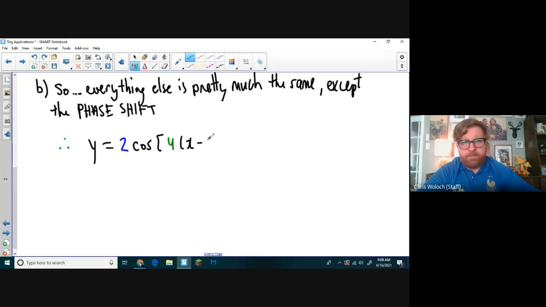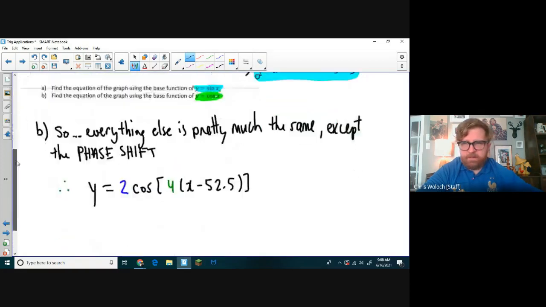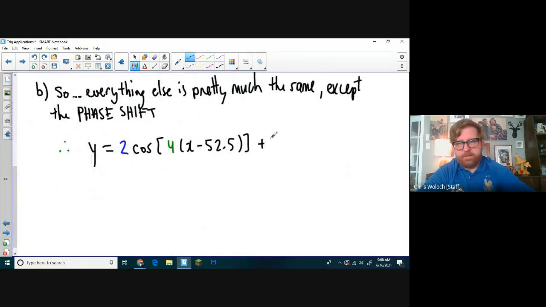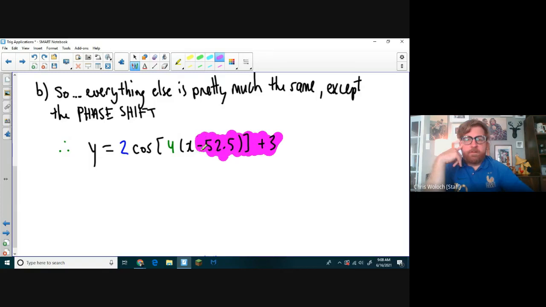And then x minus 52.5. And then what was the vertical shift? I think plus 3, right? Plus 3. All right. So that is our other equation.